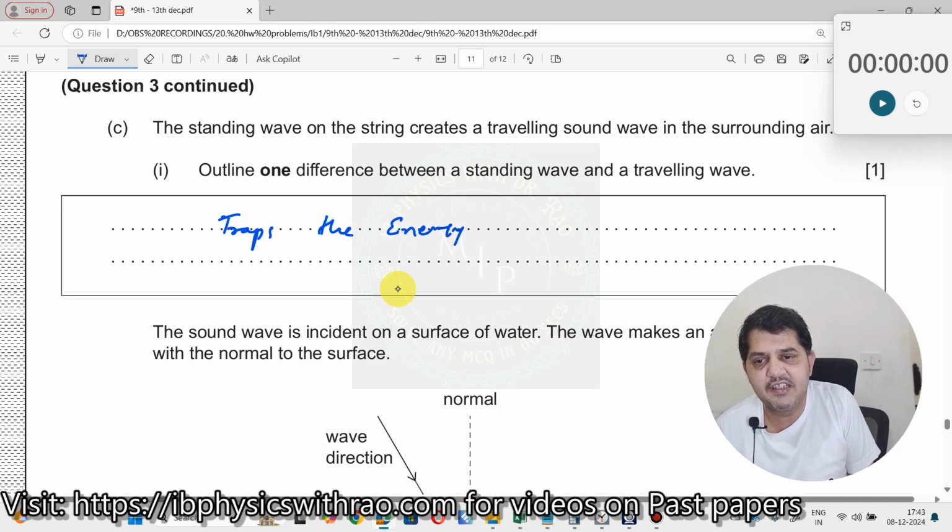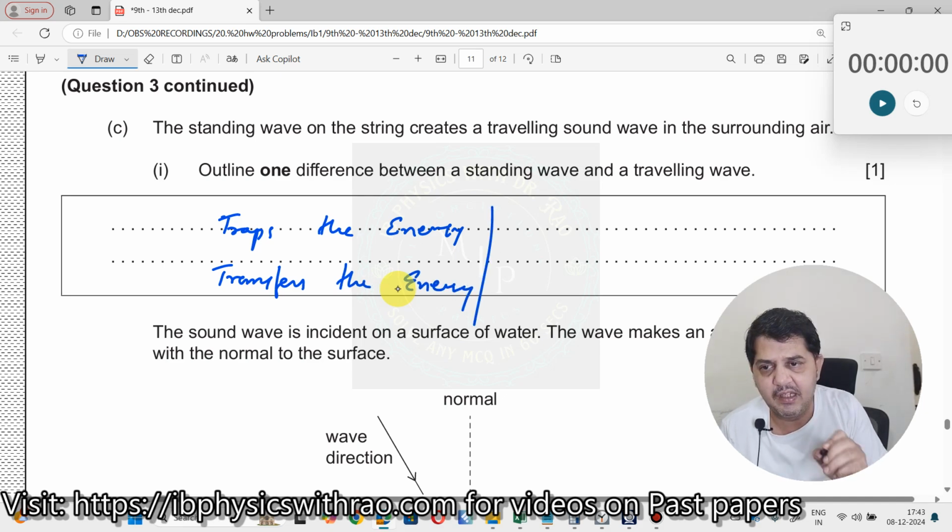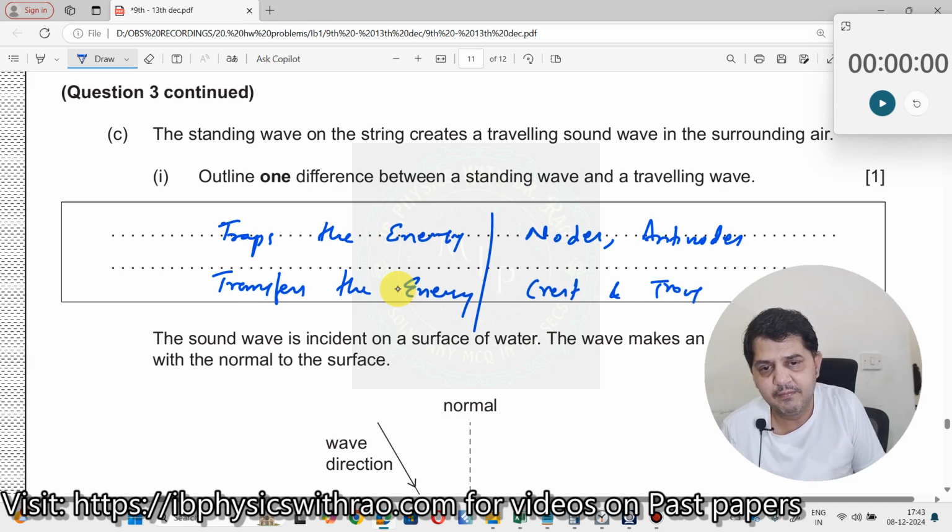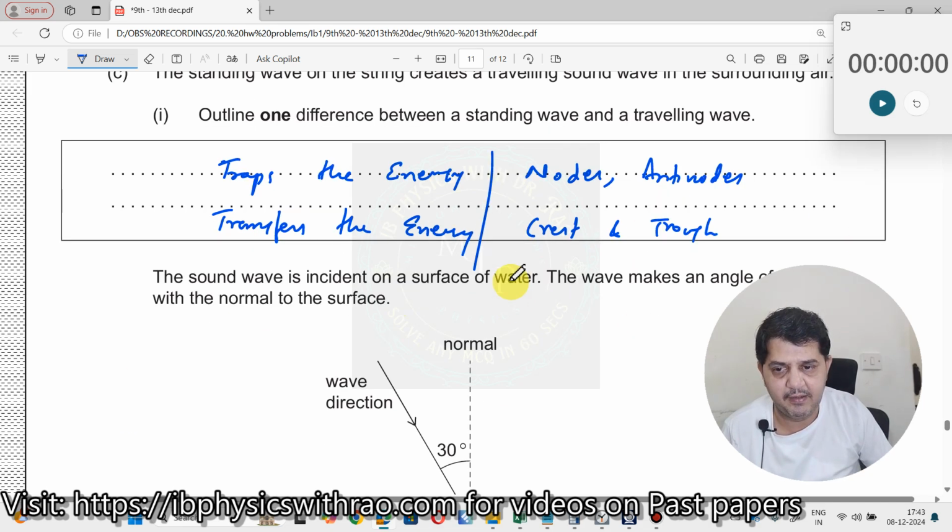Traveling wave transfers the energy. The other difference is that in a standing wave you get nodes and antinodes, while in a traveling wave you get a crest and a trough. You can mention this also. We need only one point, any one of them is fine.